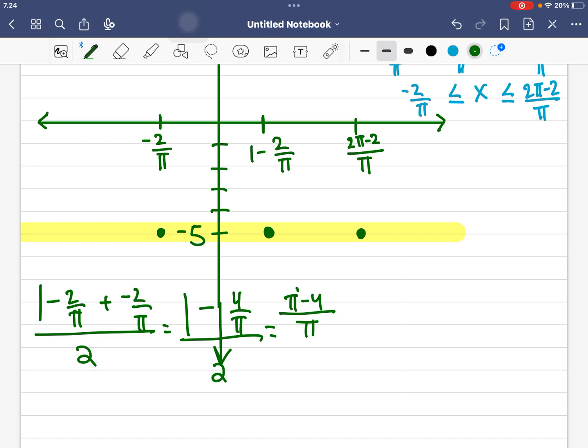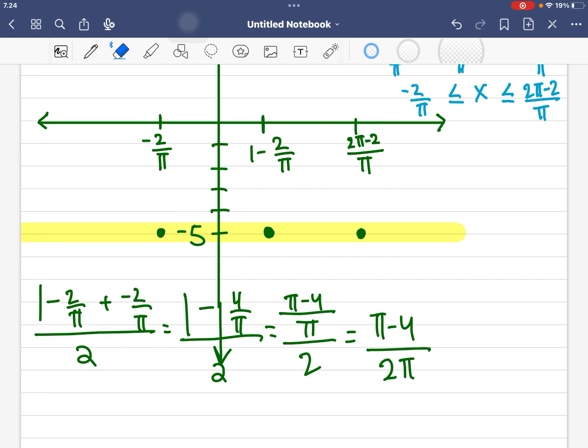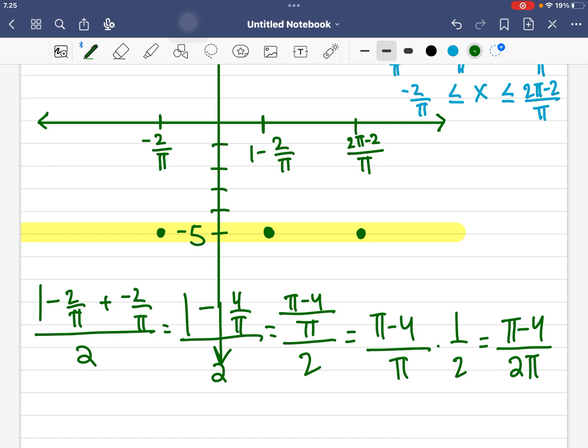Do y'all see what I'm doing? Pi over pi is 1 over 2 pi. How I got that is that pi over 4 times half. Pi over 4 over 2 pi. So I know that this value is going to be negative.